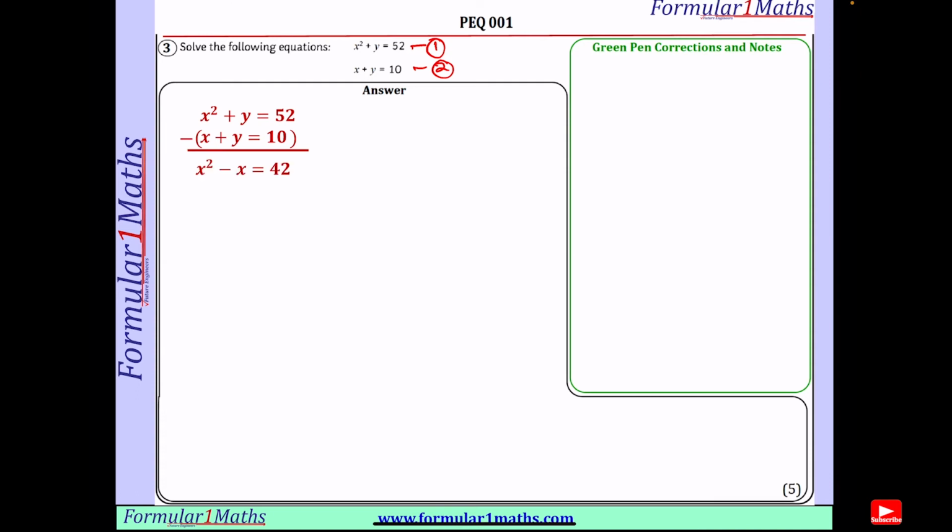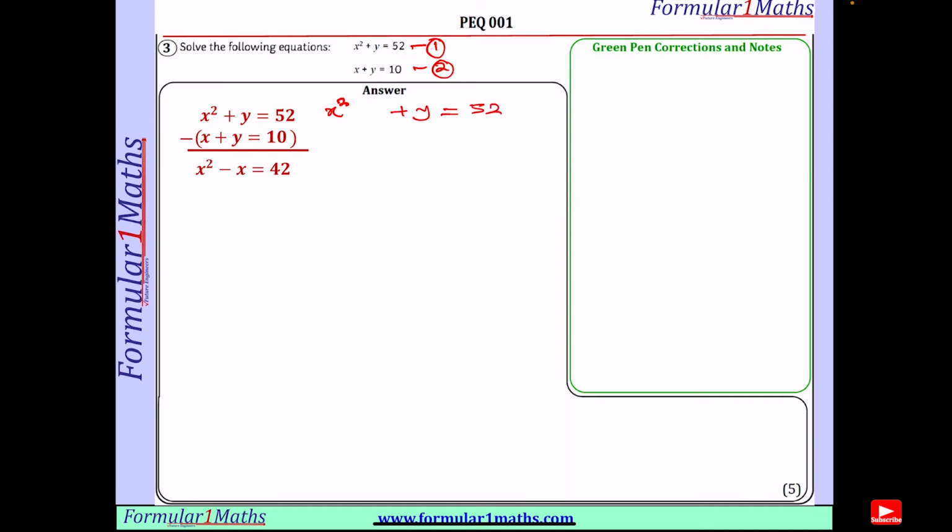To get this. For those of you wondering how I got that, let me explain further. So I can rewrite the first equation to get x squared, then I'll leave a gap, plus y equals 52.